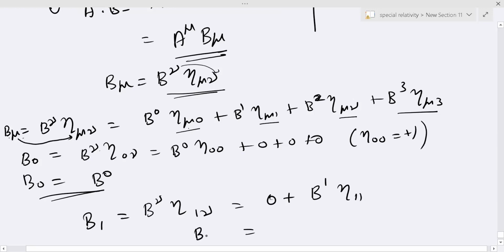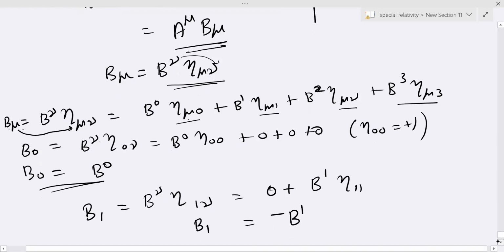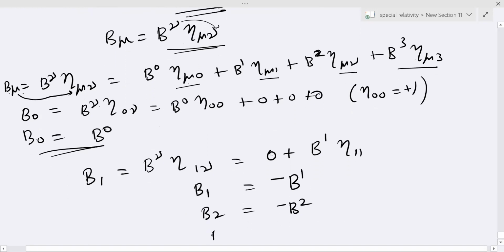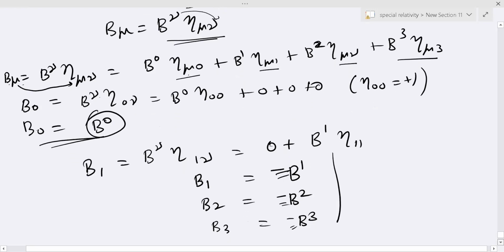So you see that B_1 is equal to minus B^1. Similarly, you'll see that B_2 is equal to minus B^2, and B_3 is equal to minus B^3. What does this mean? When you lower the index, the space part gets an extra minus sign, whereas the time part remains the same.